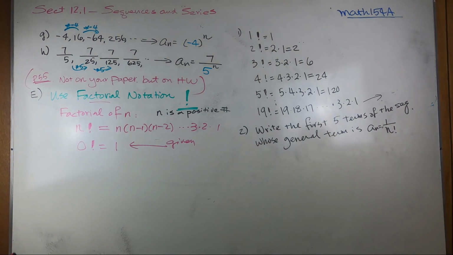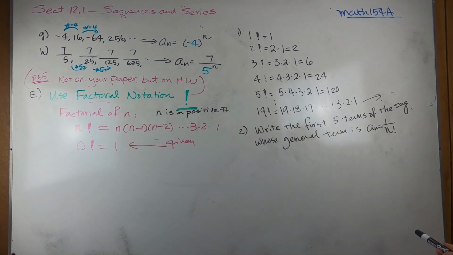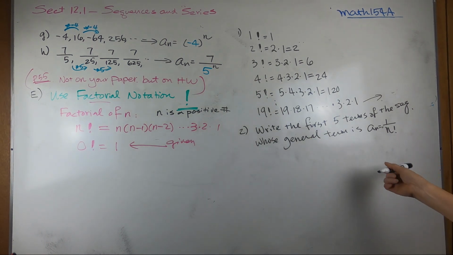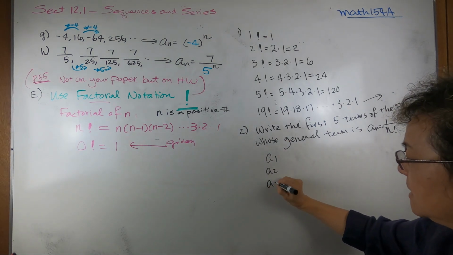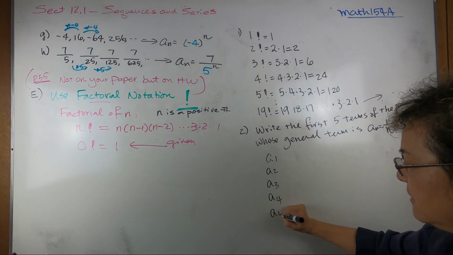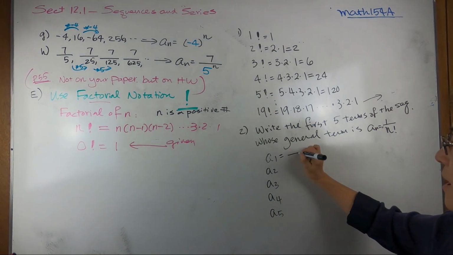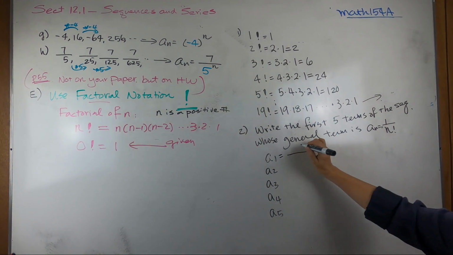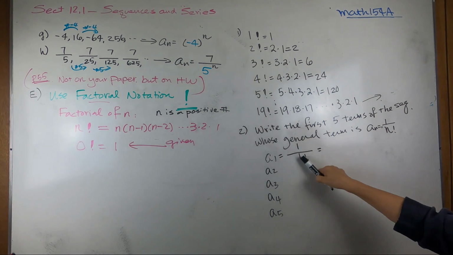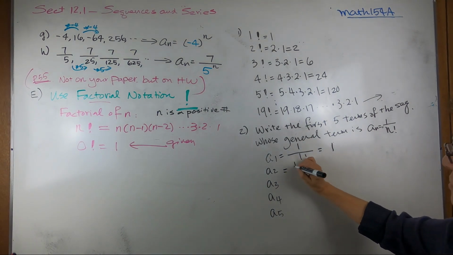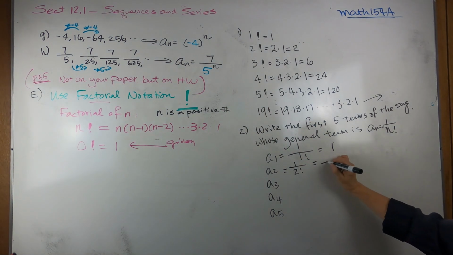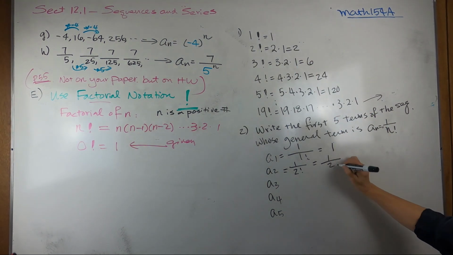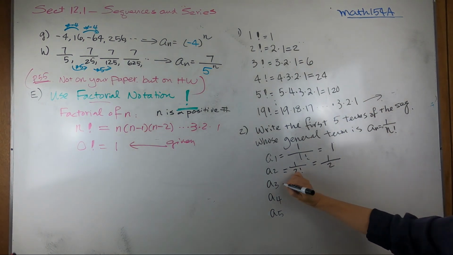So we have a general pattern, 1 over n factorial. Then write the first 5 terms. What do you need to do? You need to find a1, a2, a3, a4, a5. a1 means n is 1, so you plug in 1 to get 1 over 1 factorial, which is 1. a2 would be 1 over 2 factorial. 2 factorial is 2, so that would be your answer, right?